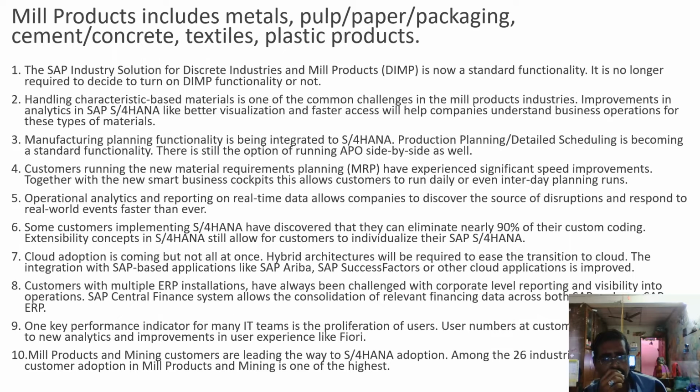And operational analytics and reporting on real-time data allows companies to discover the source of disruptions and respond to real-world events faster than ever. And then some customers implementing S/4HANA have discovered that they can eliminate nearly 90% of their custom coding. Extensibility concepts in SAP S/4HANA still allow customers to individualize their SAP S/4HANA.